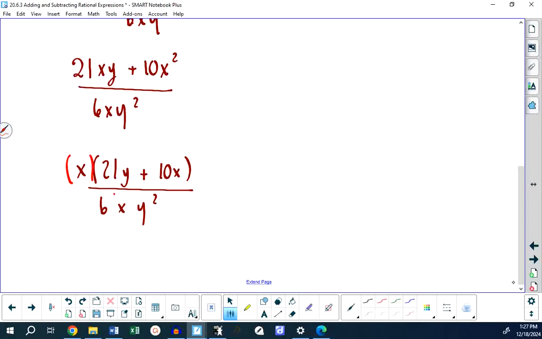You understand you don't need to write the two x's in brackets. I'm just putting them in brackets to show you they are factors. So I end up, after the canceling, with 21y plus 10x over 6y squared. You okay with that one?